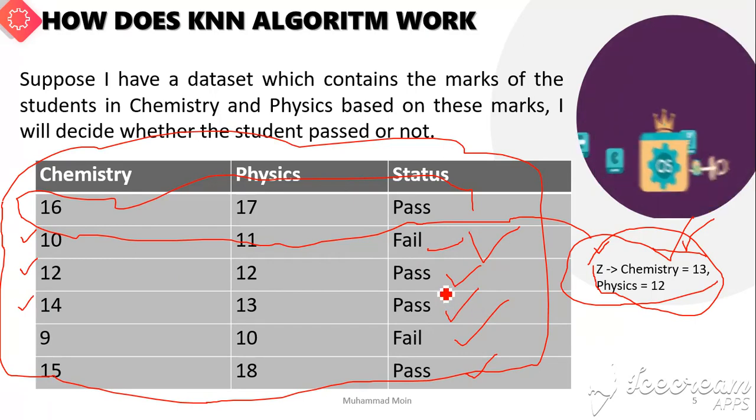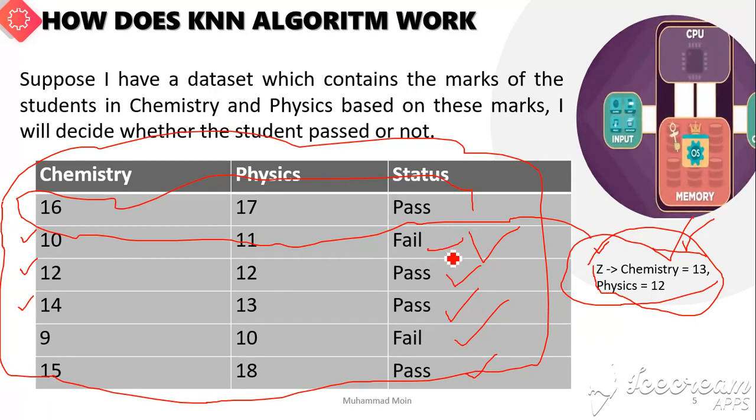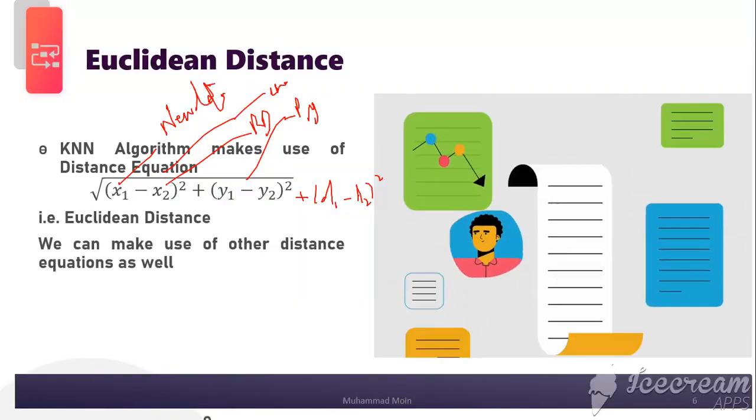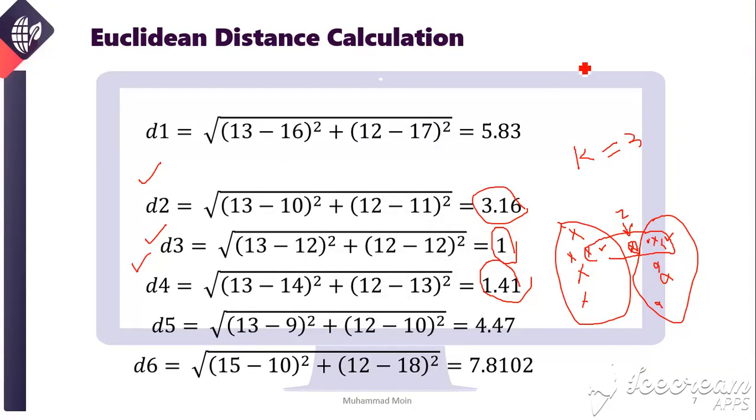So two students have passed the course and one student has failed the course. So we have the statuses pass, pass and fail. Out of 3, 2 students have passed the course and 1 student has failed the course. So the majority have passed the course.